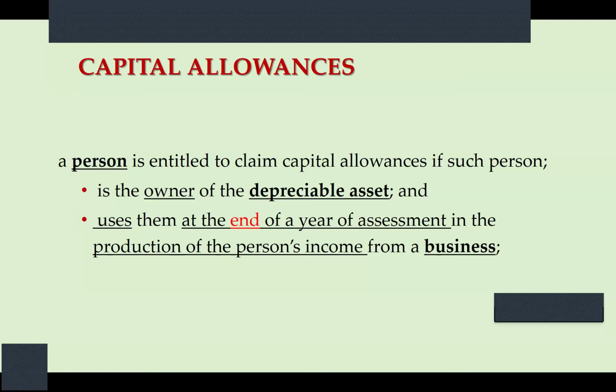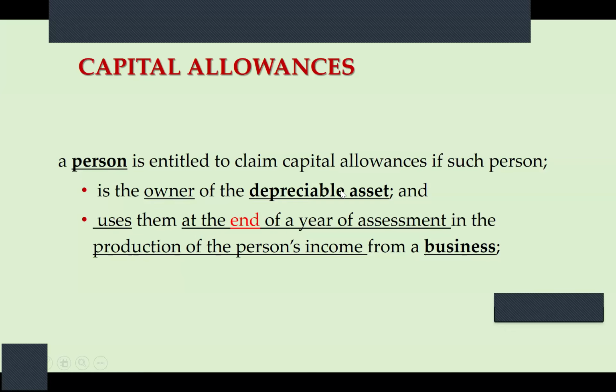If it is land, the value of that land is not diminishing, it is appreciating. But if it is other than land, all assets are depreciating, so we call them depreciable assets. For the deduction of capital allowances, that person should be the owner of that depreciable asset, and that person should use that depreciable asset.